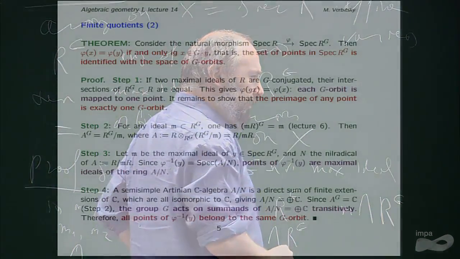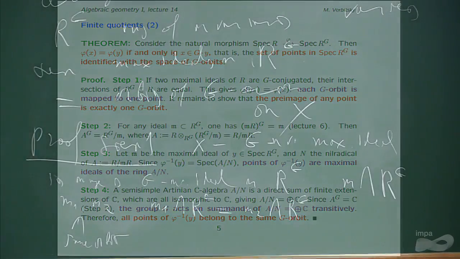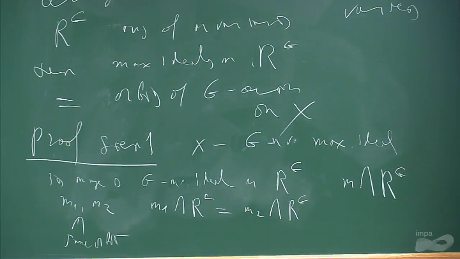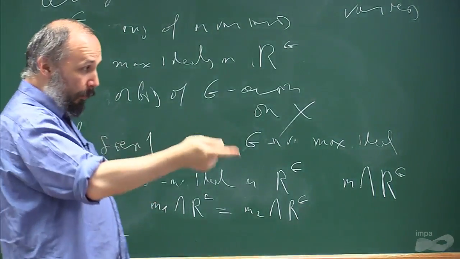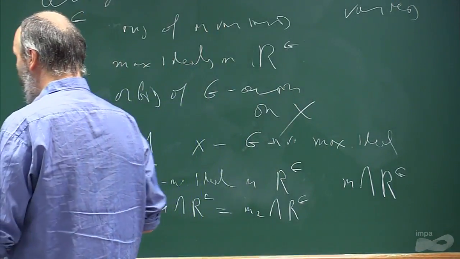Okay, so now we should go back. We just proved that if the 2 points are group related, they're mapped to the same point. Let's prove the converse.